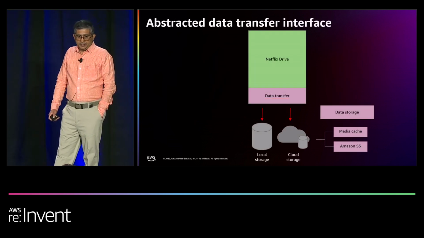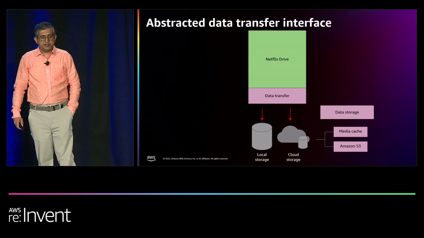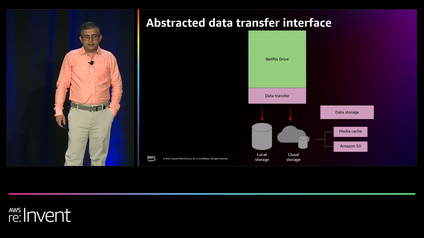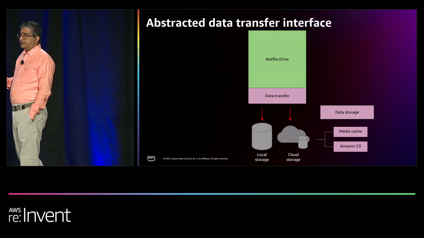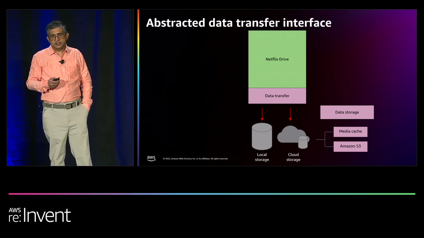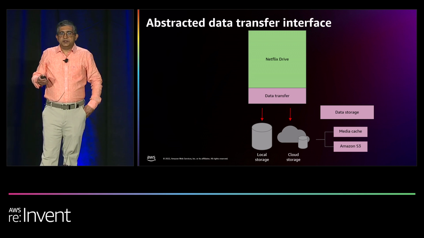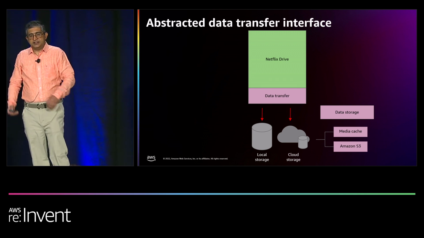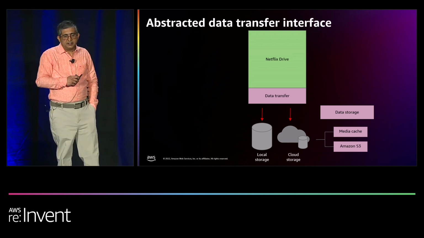Okay. And finally, the actual byte movement. This happens through the abstracted data interface. And so we use a local store to give near local file system performance, because applications like that and artists expect files to load quickly so they can work on them, and then it's saved locally as well. So it doesn't have to go to the cloud for every save click.